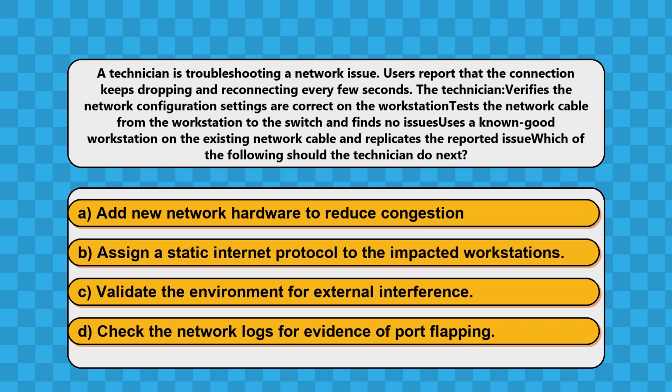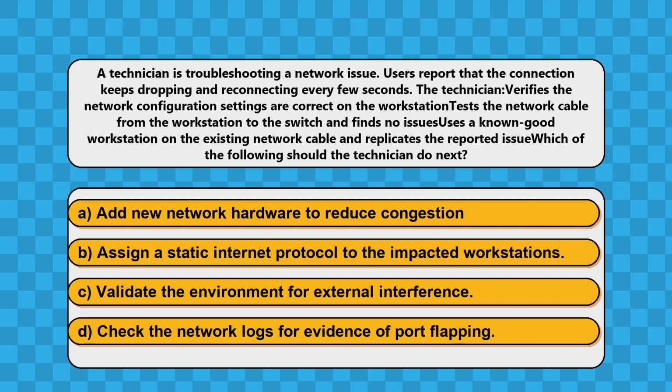Question 7. A technician is troubleshooting a network issue. Users report that the connection keeps dropping and reconnecting every few seconds. The technician verifies the network configuration settings are correct on the workstation, tests the network cable from the workstation to the switch and finds no issues, uses a known good workstation on the existing network cable and replicates the reported issue. Which of the following should the technician do next?